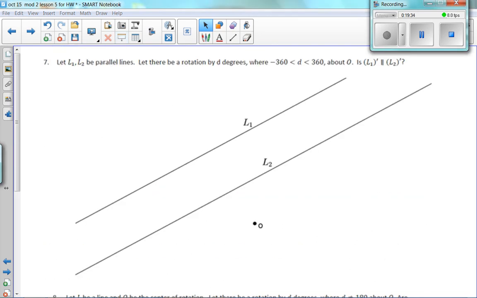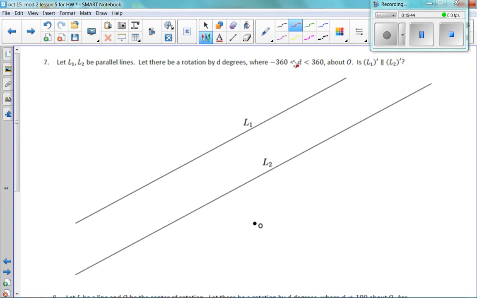So question 7 says, let L1 and L2 be parallel lines. Let there be a rotation by d degrees, where d is greater than negative 360 degrees but less than 360 degrees. So in other words, you want to do a rotation that isn't more than one circle of a rotation.